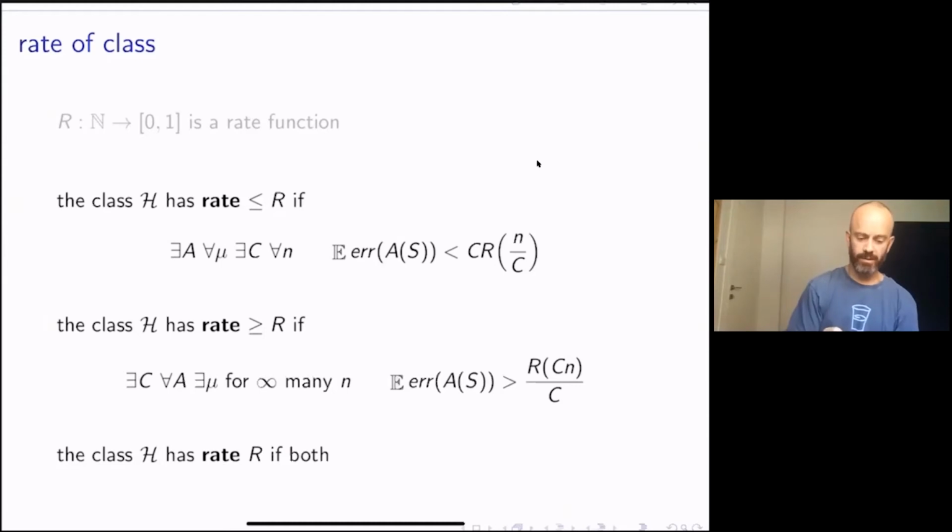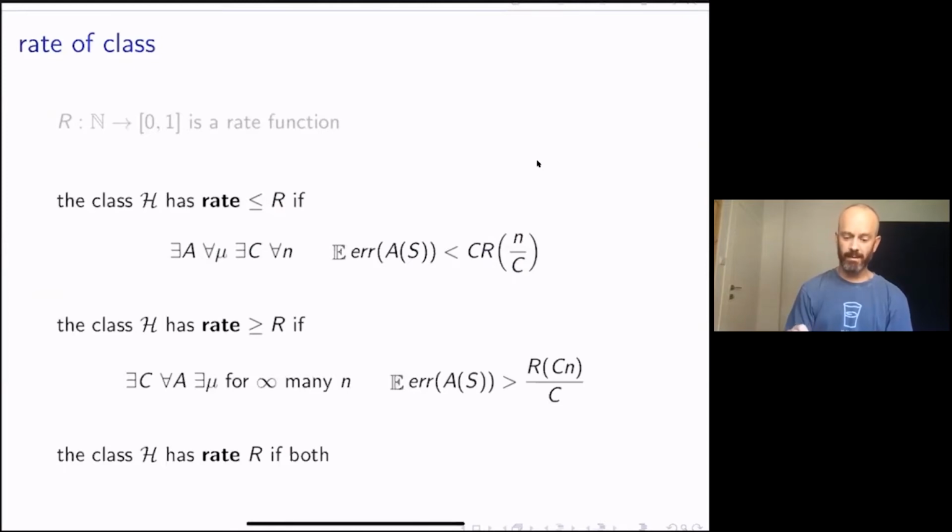We say that the learning rate is at most R if there is some specific algorithm that achieves this rate R for every distribution without knowing the distribution. But for every distribution, there is a delay factor. The number of samples is delayed by this factor C. So if this constant is larger, the error tends to 0 slower.